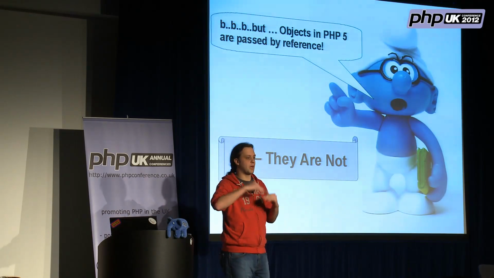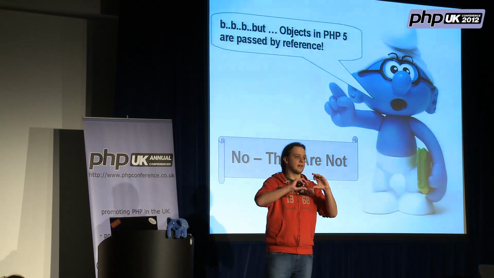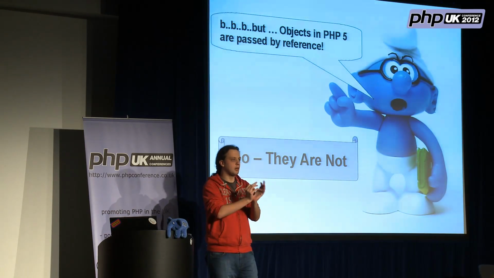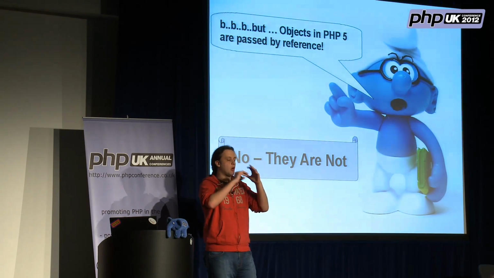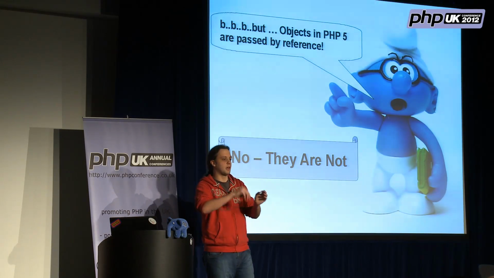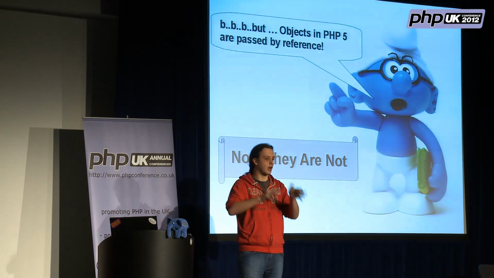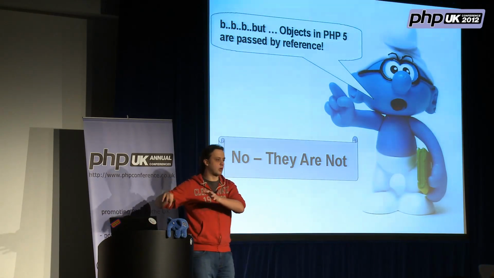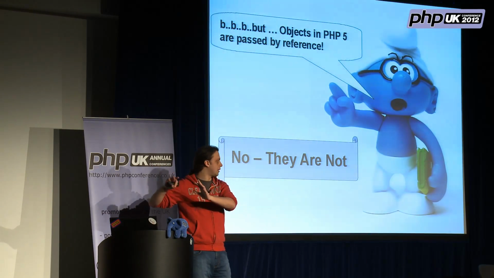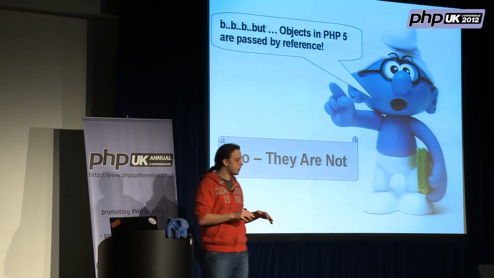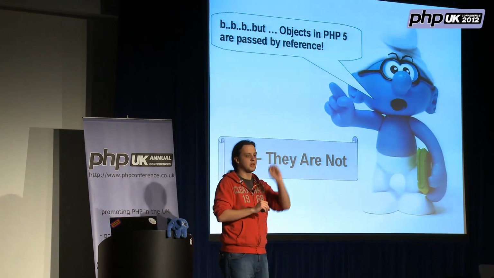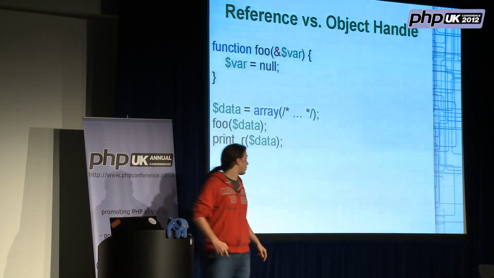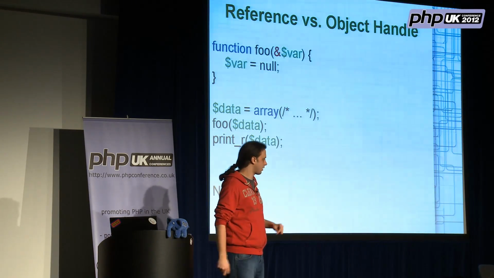What happens if you pass an object to a function is that the zval, the internal variable, is not holding the object itself, but is only carrying a handle to the actual object, which is stored in some object storage separate from the actual variable. The effect is that when this handle is copied, you're still working on the same object in the end. So let's look at what this actually means.